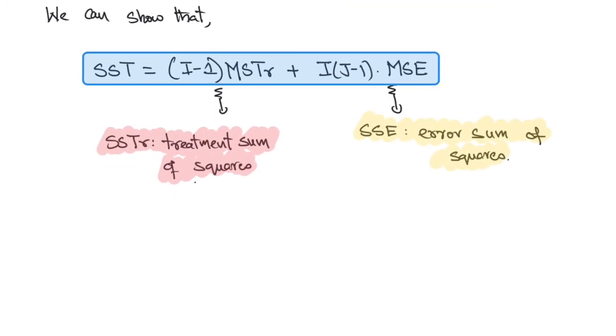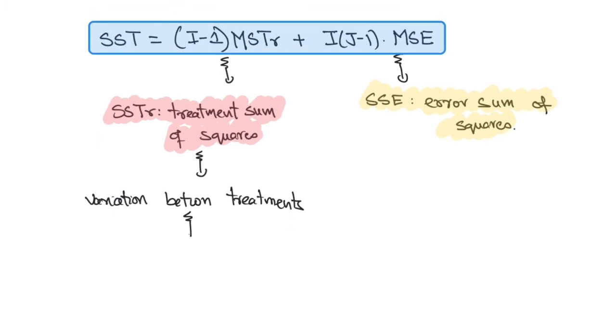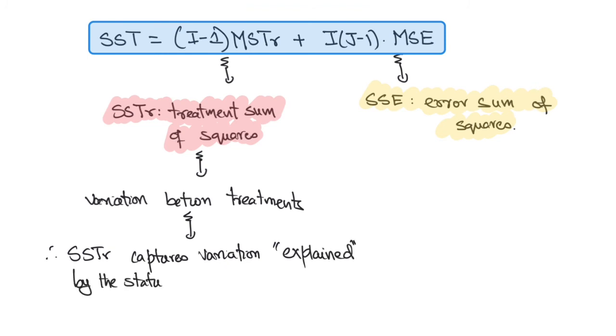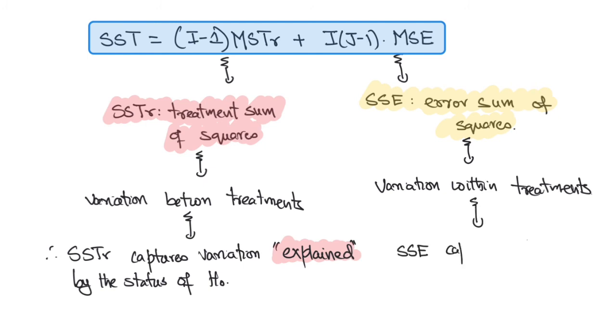The treatment sum of squares captures the variation between the treatments, and as a result is a statistic that captures the variation that is explained by the status of the null hypothesis. The error sum of squares captures the variation within the treatments, which means that SSE captures the variation that cannot be explained by the status of the null hypothesis.